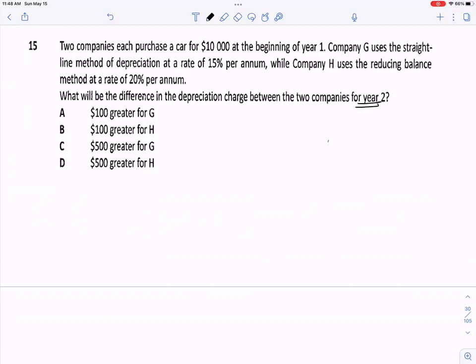They want for year 2 now. You need to be very careful when you're answering.